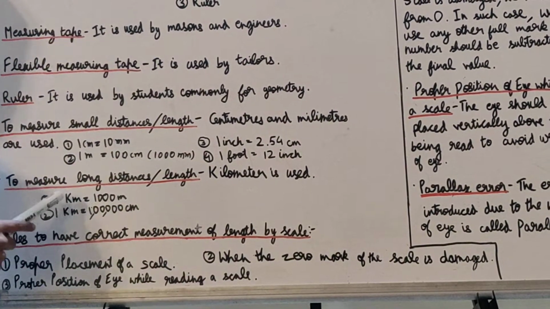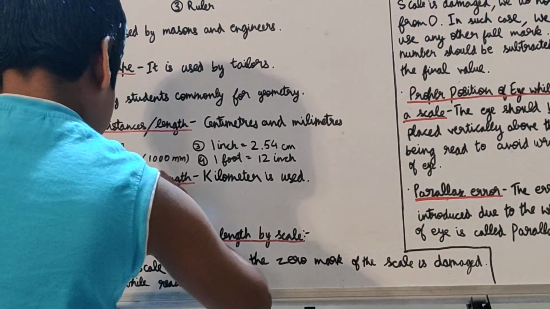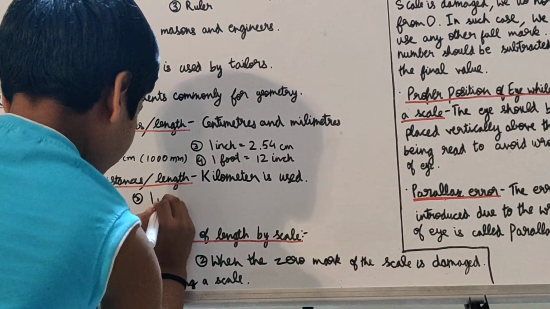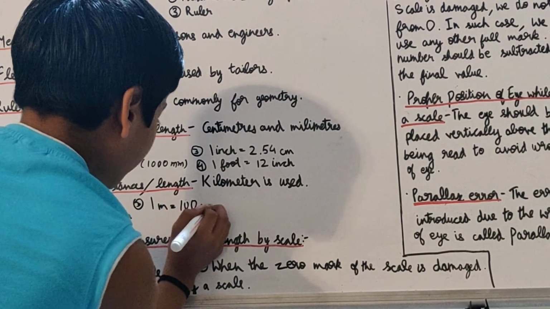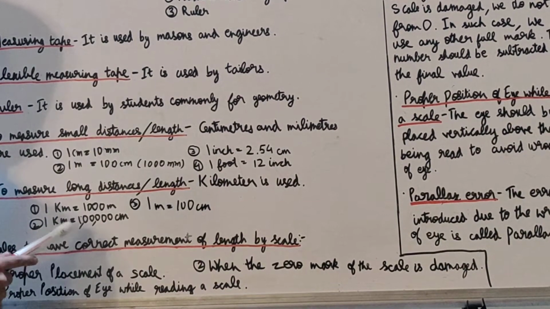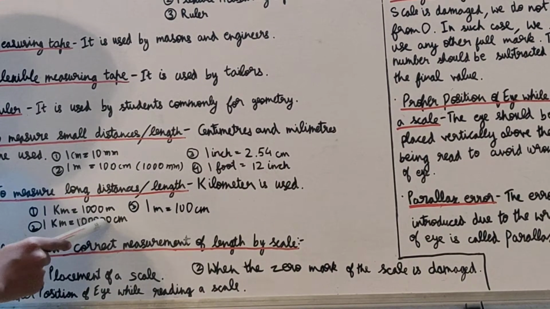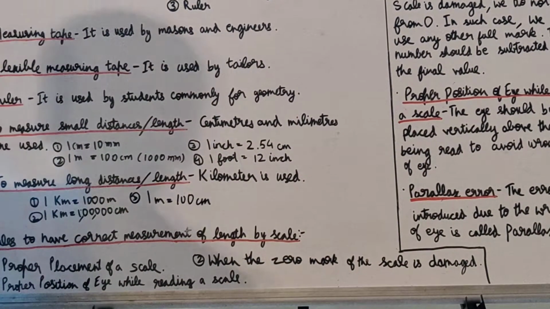Then 1 meter is equal to 100 centimeters. 1000 into 100 is 1 lakh centimeters as the answer.